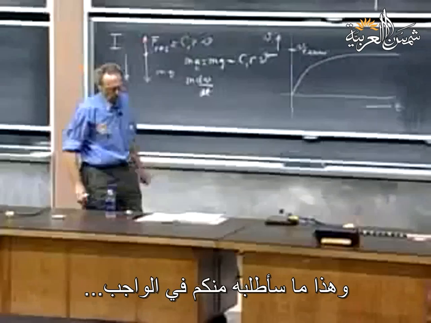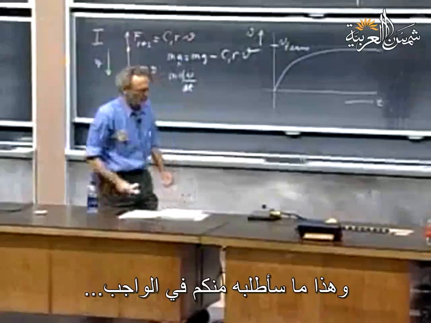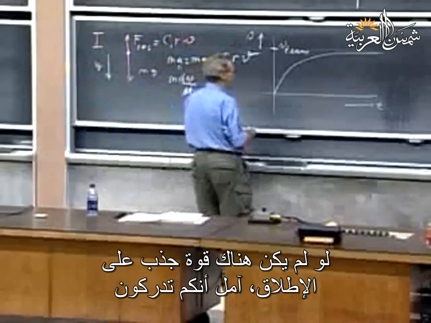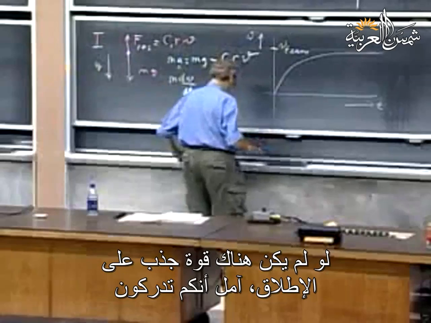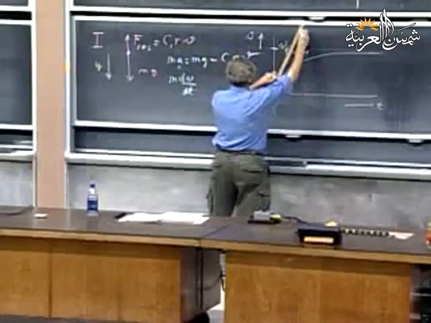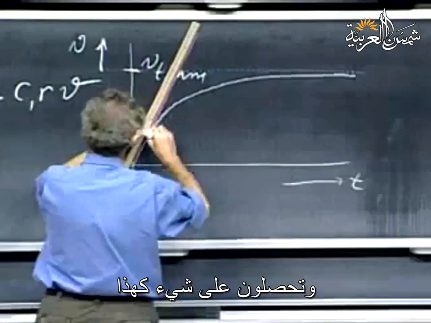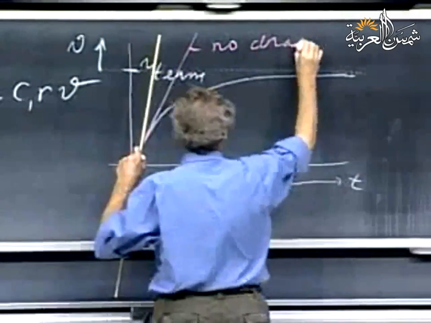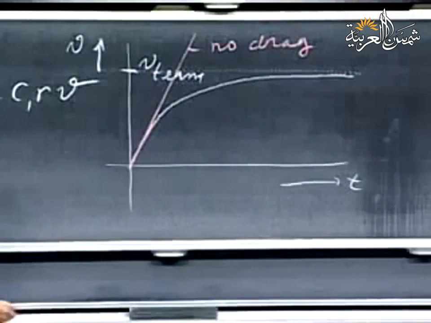And this is what I'm asking you on your fourth assignment, to calculate that. If there were no drag force at all, I hope you realize that the velocity would increase linearly. So you would get something like this. So there's no drag. So the behavior is extremely different due to the drag.